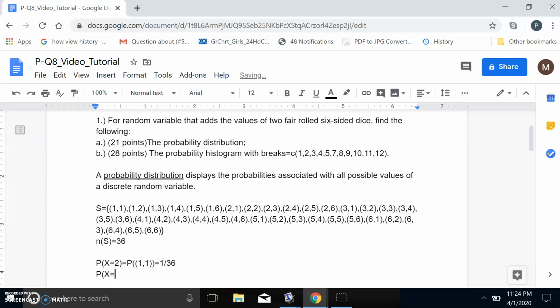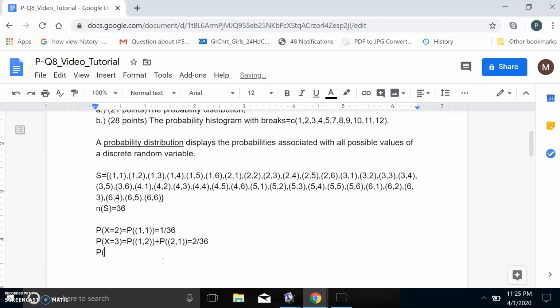Probability x is 3. The probability of getting a 1, 2, I could then get probability 2, 1. And that's it then, so that'd be 2 out of 36. Next on probability x is 4.